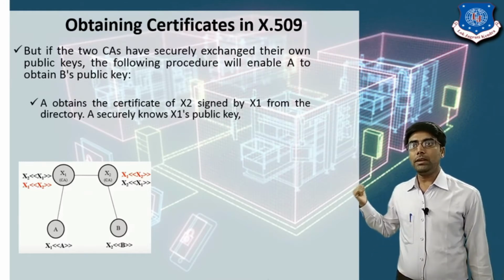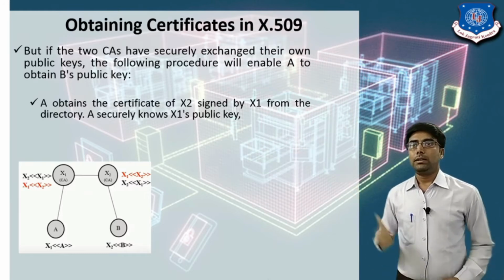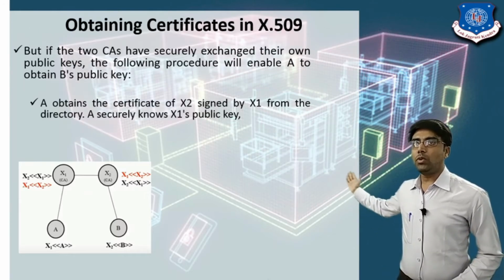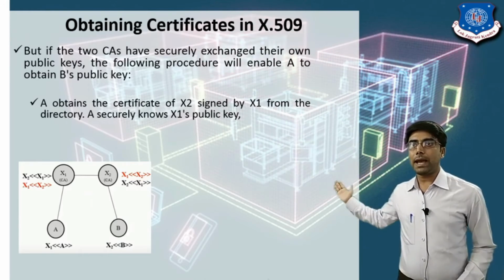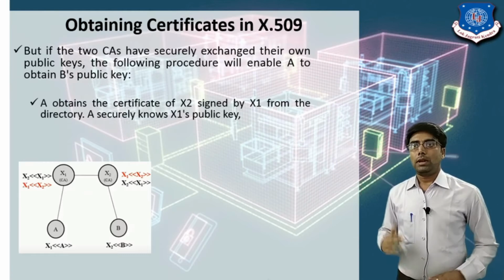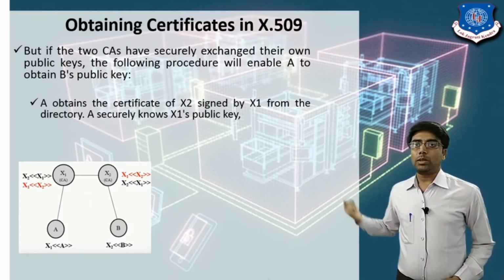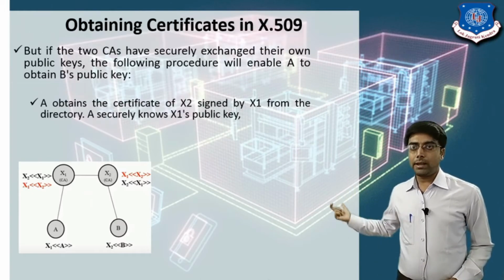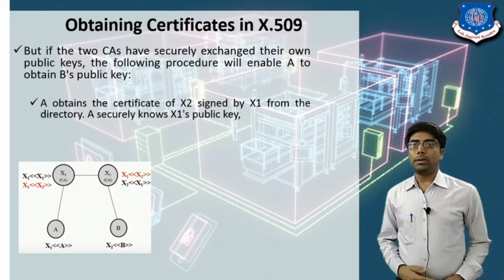Here we have mentioned the X2 of X1. The X1 certificate will be signed by X2 and it will be stored in its certificate authority repository, and the second copy is shared with the X2 certificate authority.